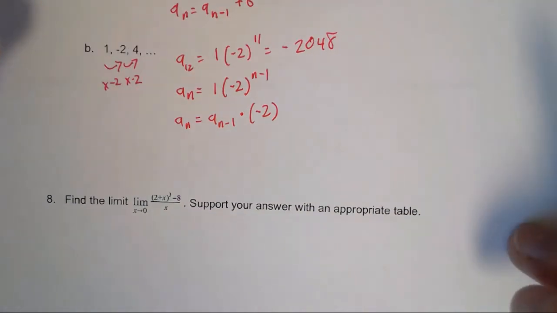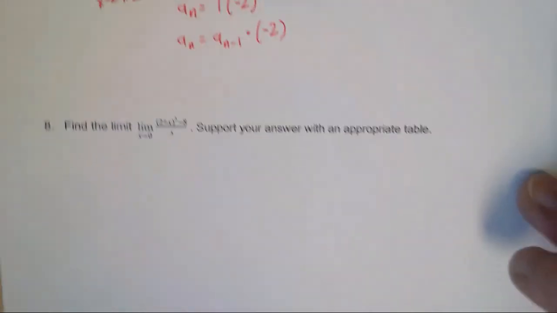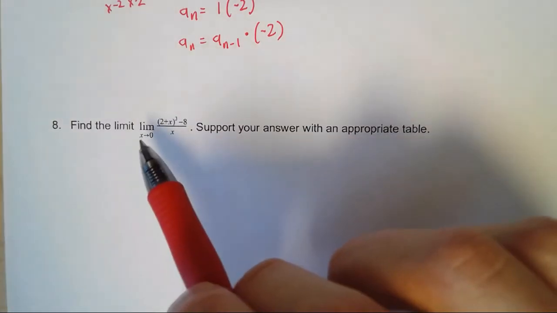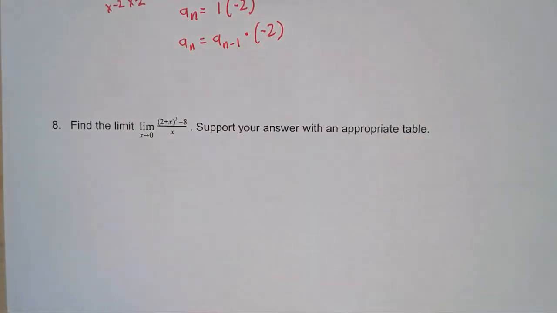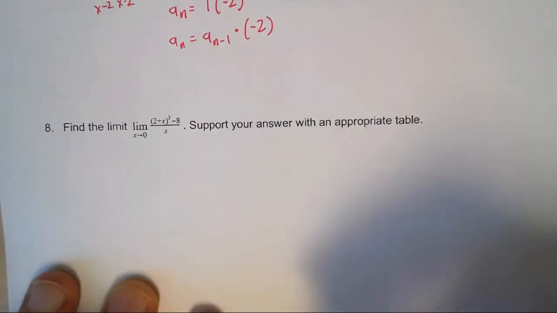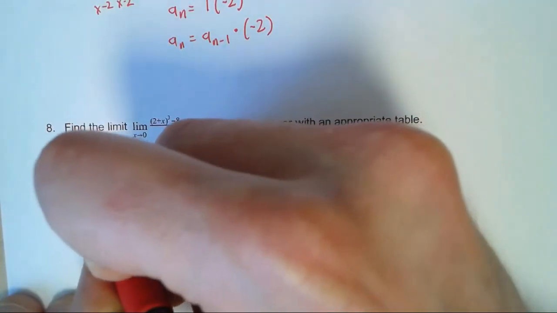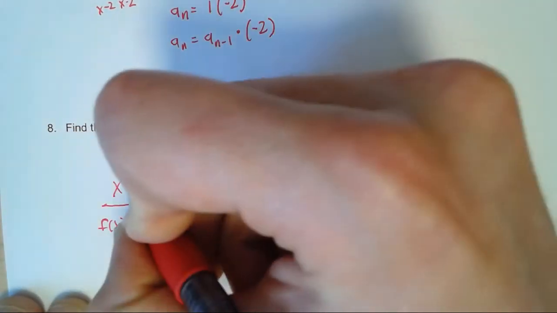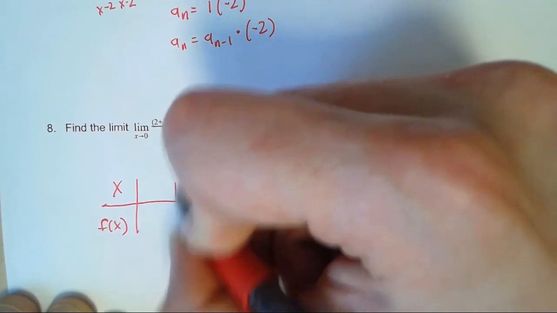Now with number 8, it says to find this limit. And we're finding the limit as x approaches 0. And it says support your answer with an appropriate table. So for an appropriate table, you would have x getting closer and closer to 0.